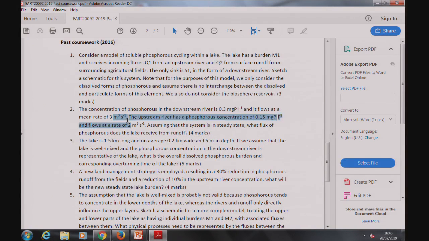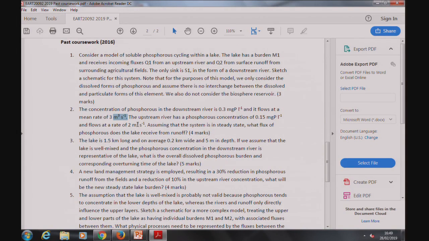This is the downstream river, so this is S1, and it's 3 meters cubed per second. And then the upstream river, Q1, says 0.15 milligrams per litre, and it flows at a rate of 2 meters cubed per second.